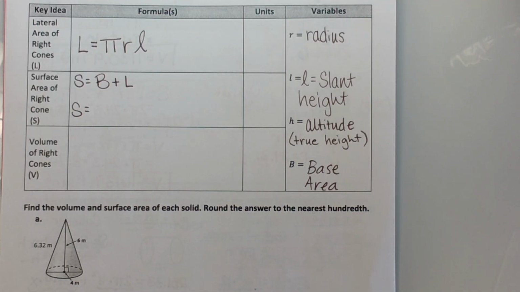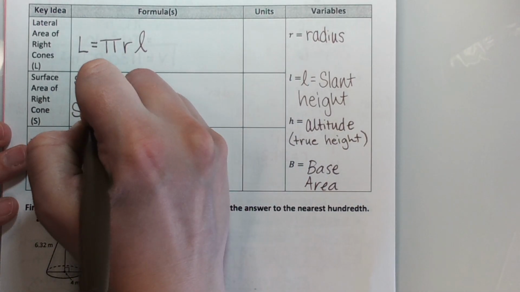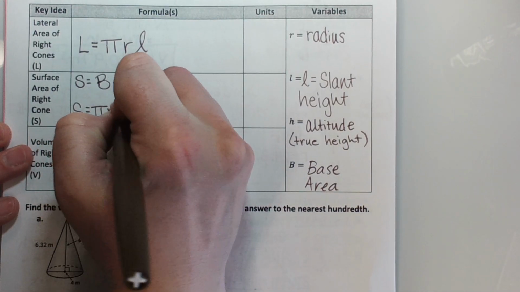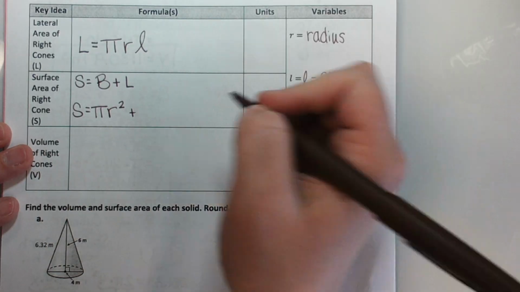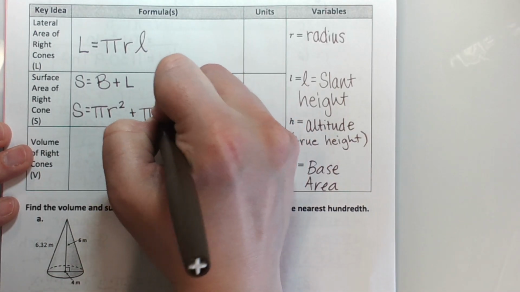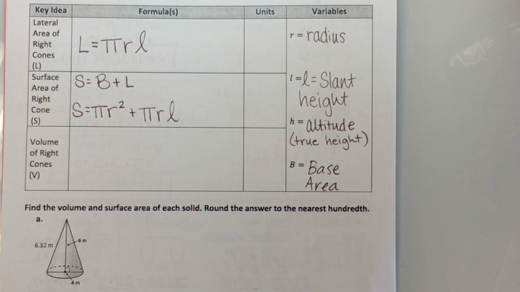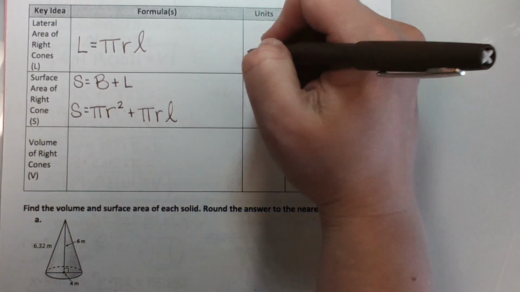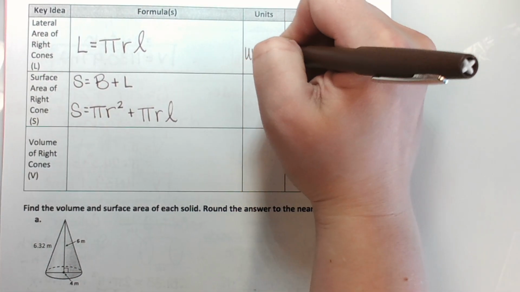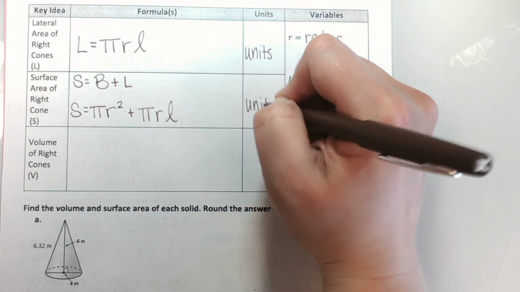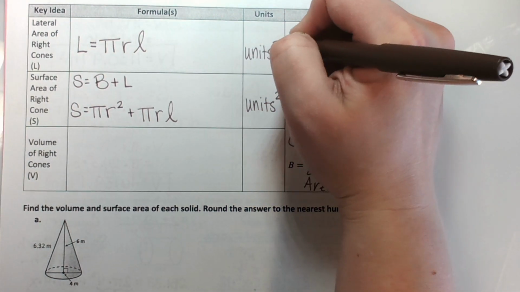You should have a formula sheet on your desk. Pi r squared. So pi r squared is the base area, and the lateral area we said was pi r l. Units that go with surface area and lateral area are units squared.